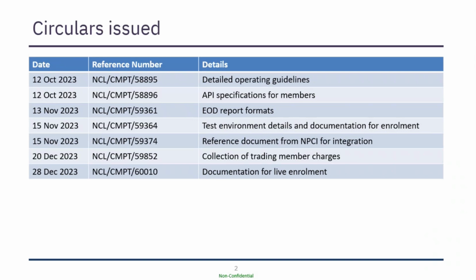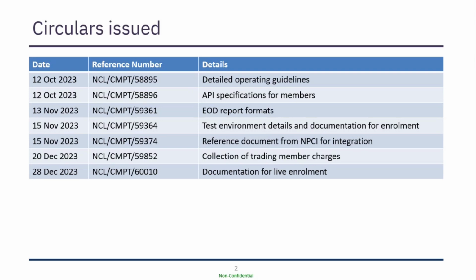We have also issued the reference document from NPCI, which can be used to know the process to call a UPI app through intent, or what link has to be created for QR. This reference material is available in the document from NPCI.